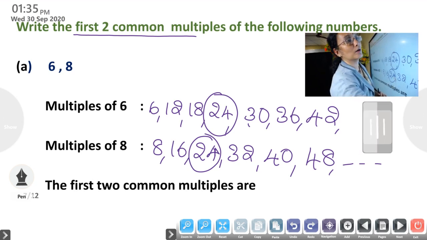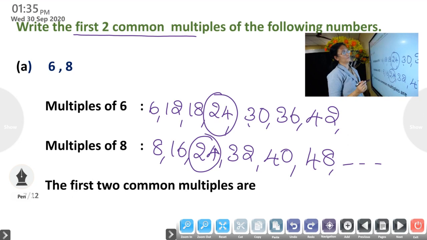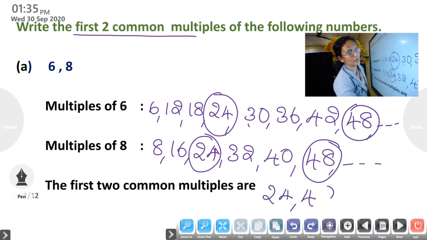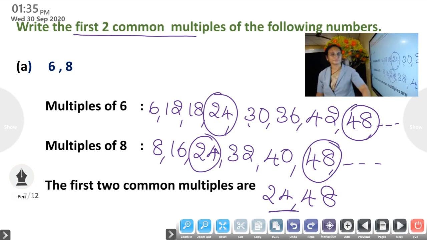Just write one more multiple here, the next multiple of 6, 42, then 48, etc. Okay, so if you are not getting two common multiples, you have to continue until you get a common multiple. So next one is 48. So the first two common multiples are 24, 48. Okay, think that is clear.